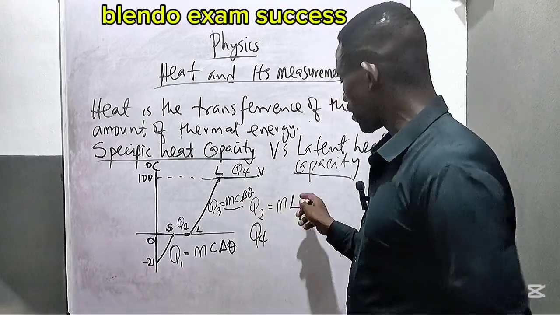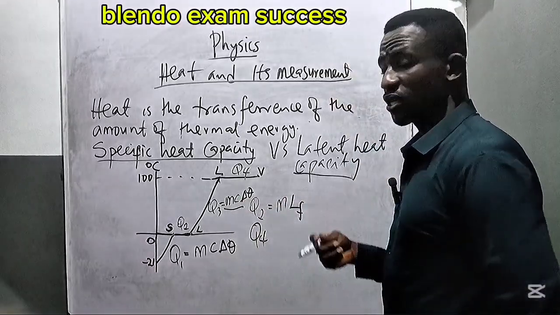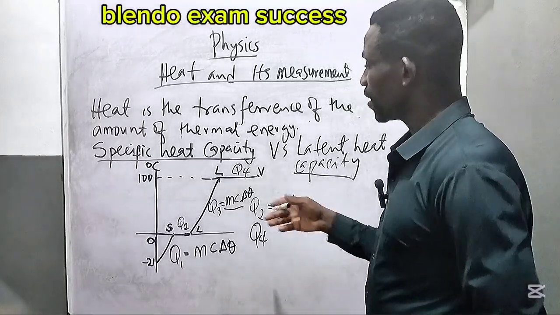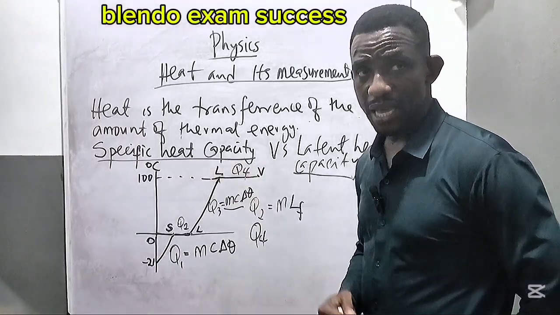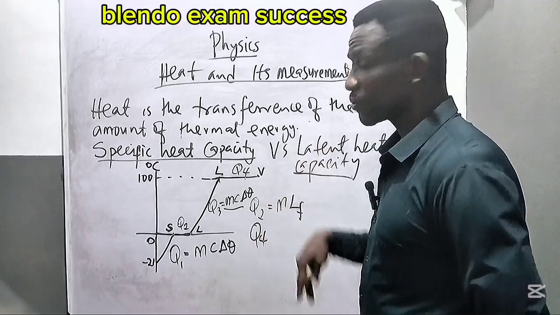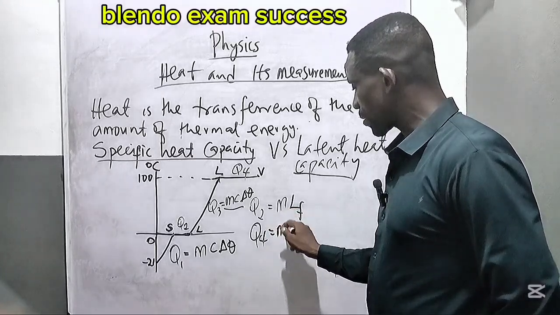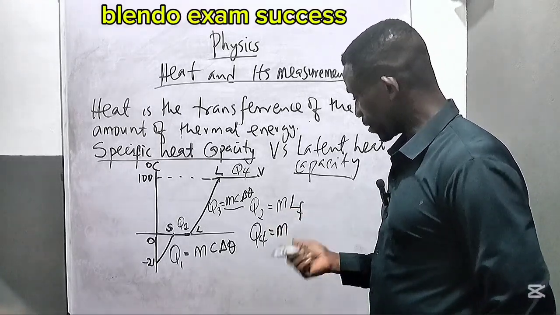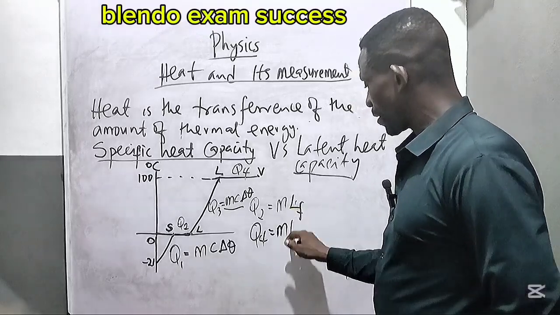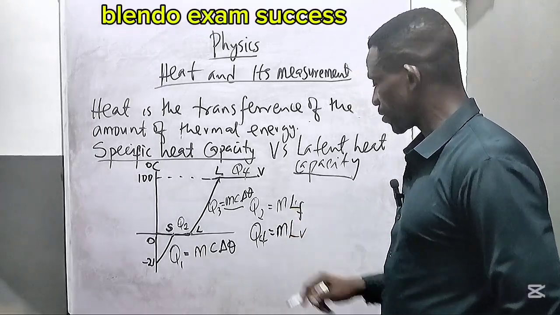And latent heat of vaporization is responsible for breaking the bonds holding the liquid so that it turns to vapor. So from here, you will have mass of water multiplied by latent heat of vaporization.